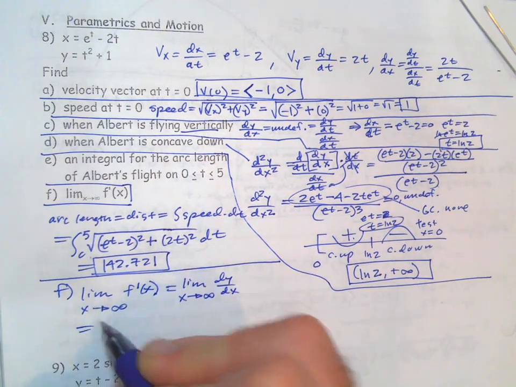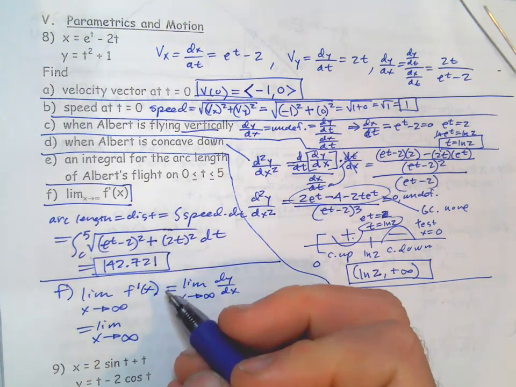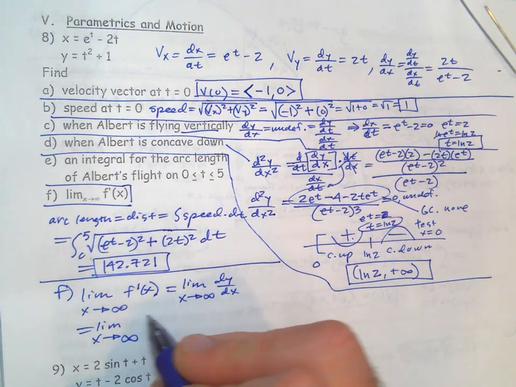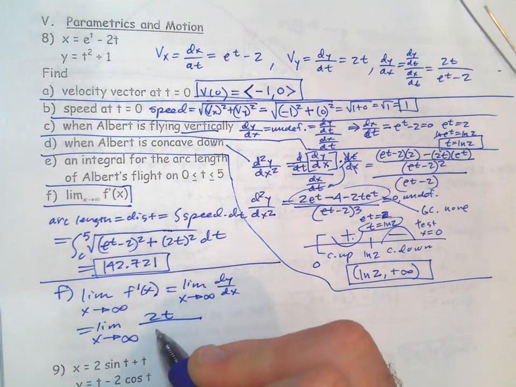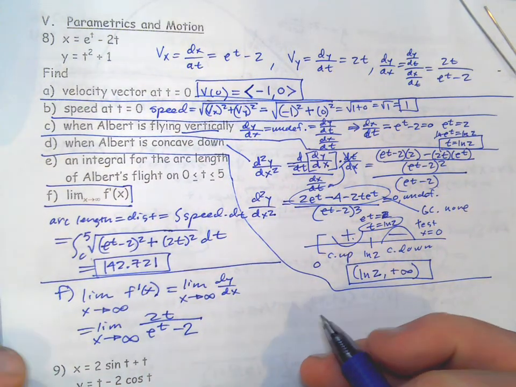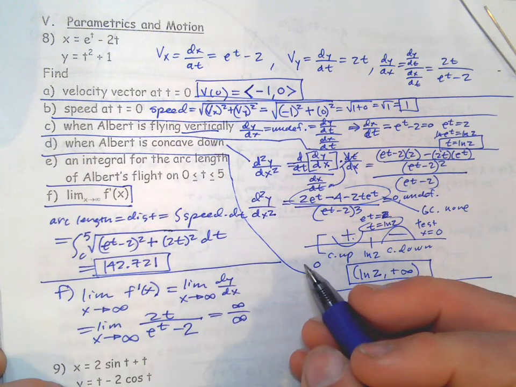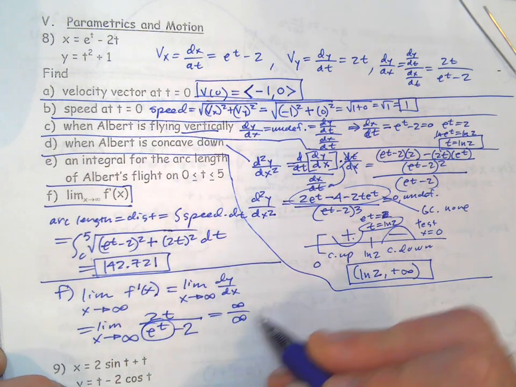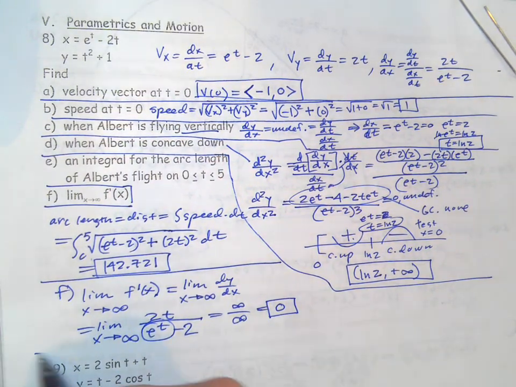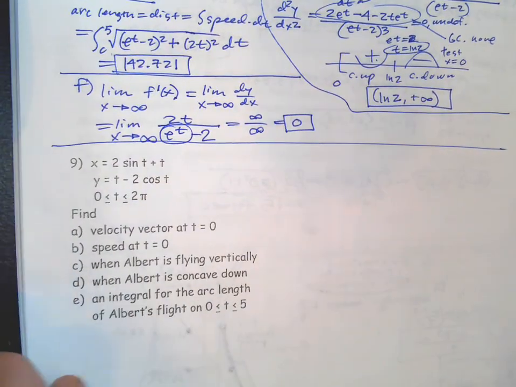And so that would be the limit as x goes to infinity of dy dx, which is that. If we go to infinity, it's going to be infinity over infinity, indeterminate form, but this is going to blow up. That's a dominant term, so it's going to go to 0. So there we go. All right, and then number 9, similar problem, but with some trig involved.